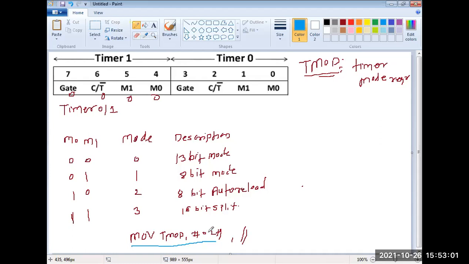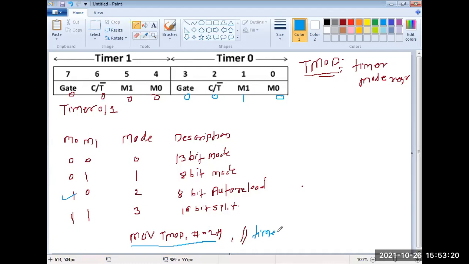It is an 8-bit value I'm writing here. So this upper nibble 4 bits will go 0, the remaining is also 0. Then 10. So what is the meaning of this? 10 means I'm using mode 2 of timer 0.